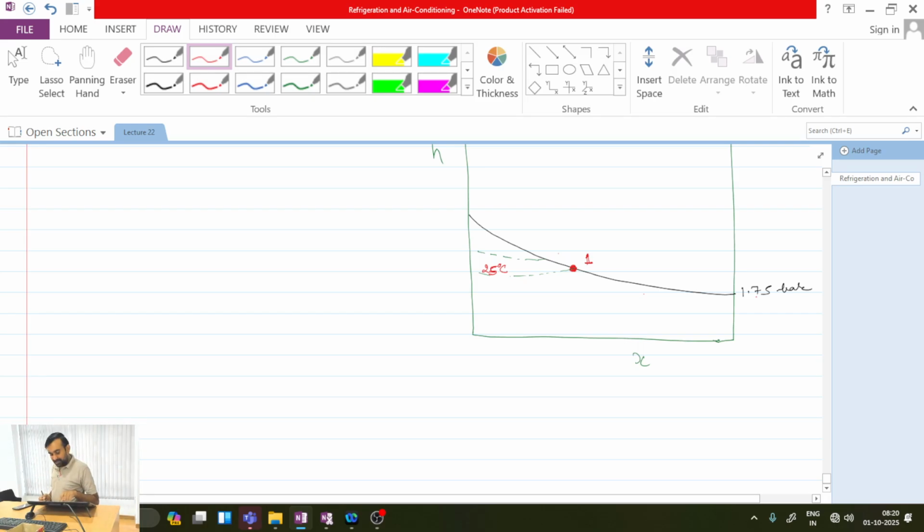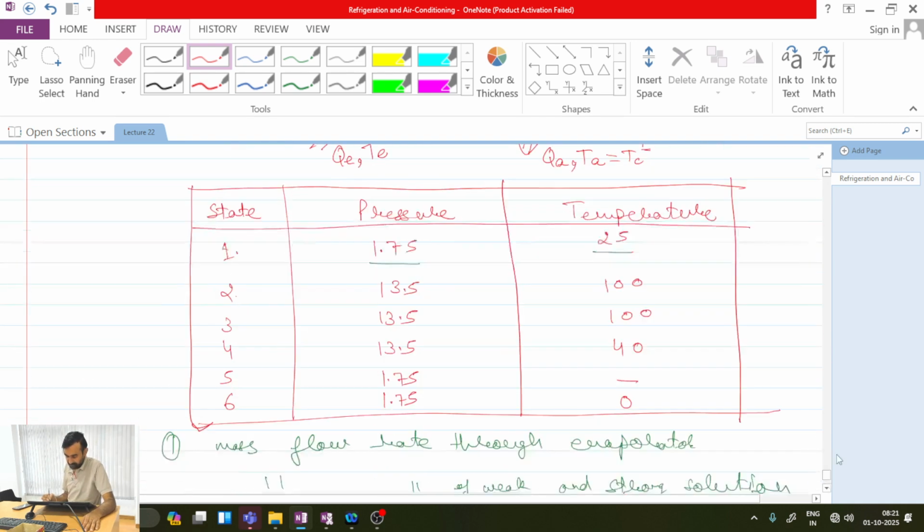Now at 25 degrees Celsius it is crossing the 1.75 bar line, so it means state 1 is a saturated liquid state. So one additional piece of information we got is that it is a saturated liquid state because it is lying on the saturated part. All of you got this point?